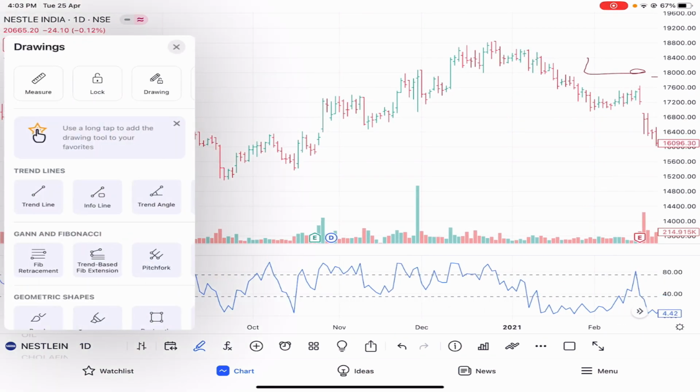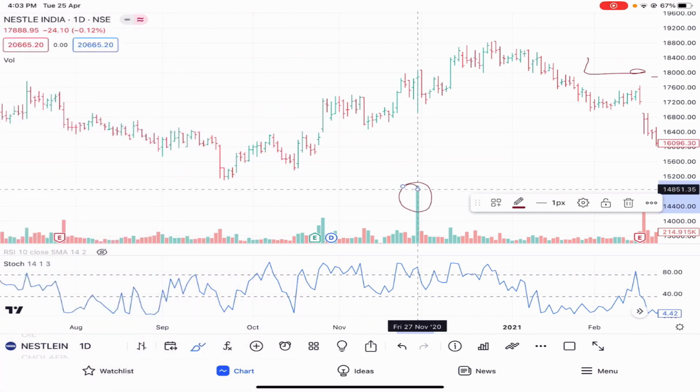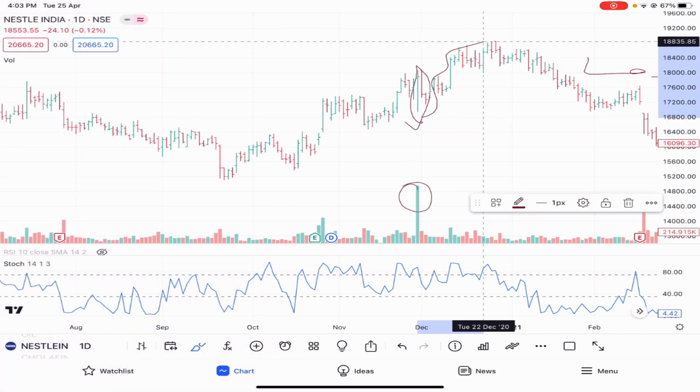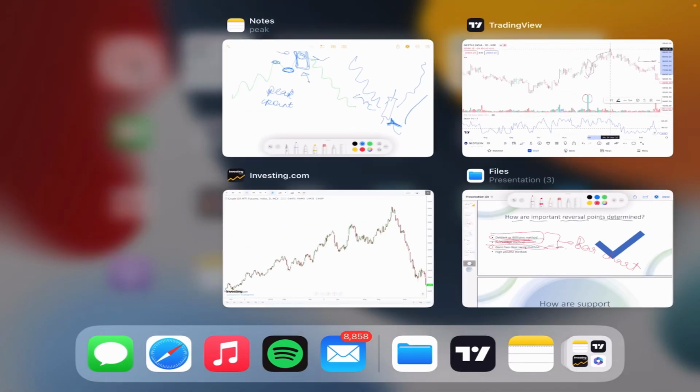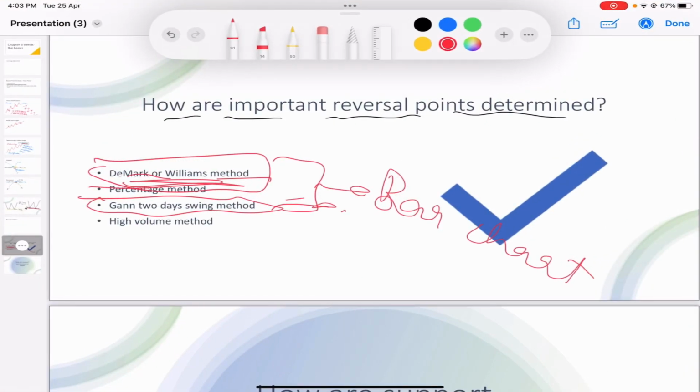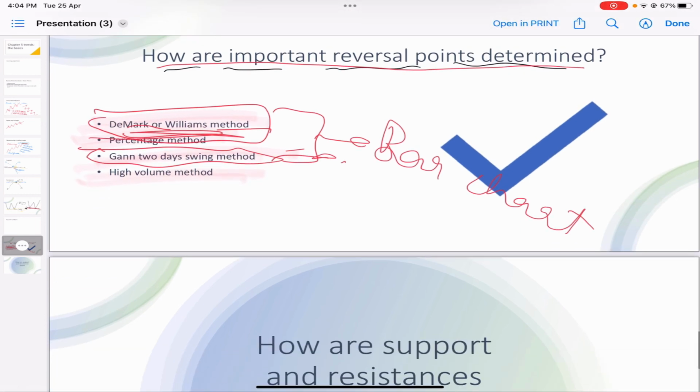Again, look at this highest volume over here. My price went up. So that's how we are going to use the volumes. So how are important reversal points determined? The Demark-Williams method, percentage method, Gann 2-day swing method, and high volume method. So you can use these methods.